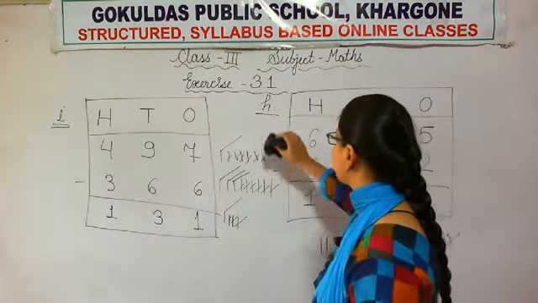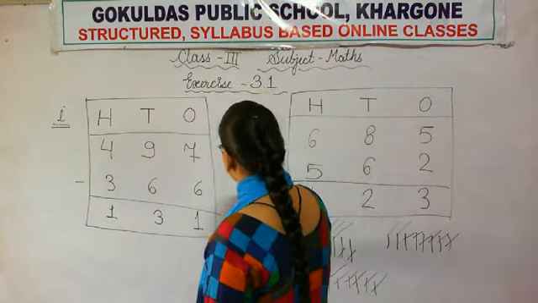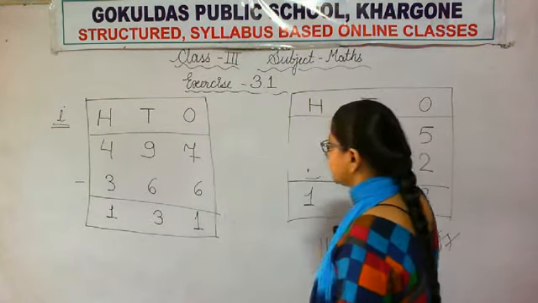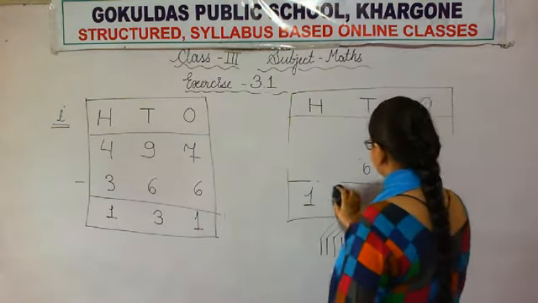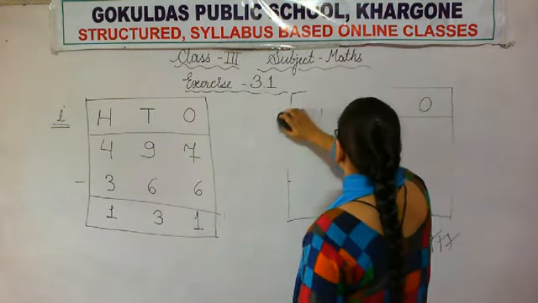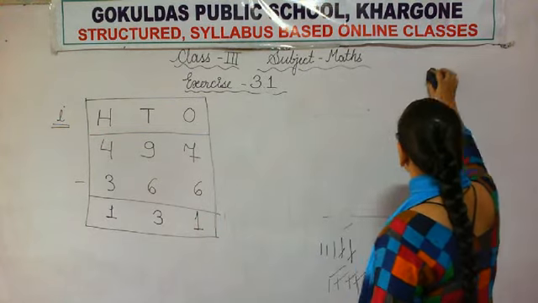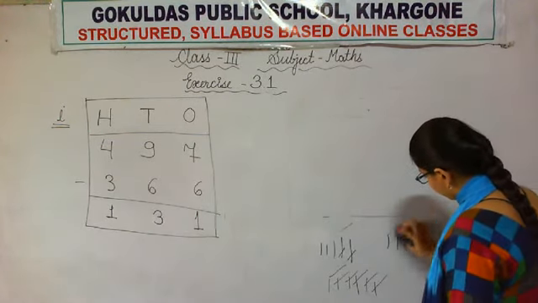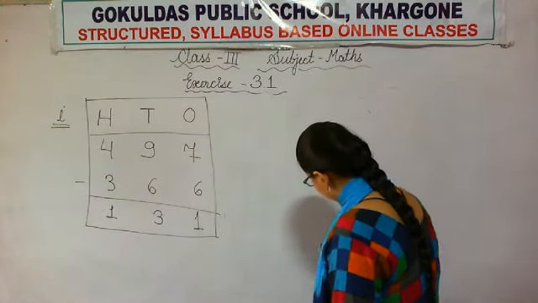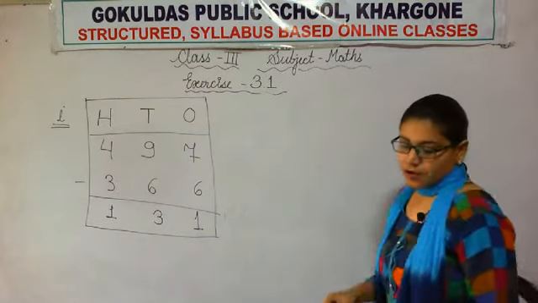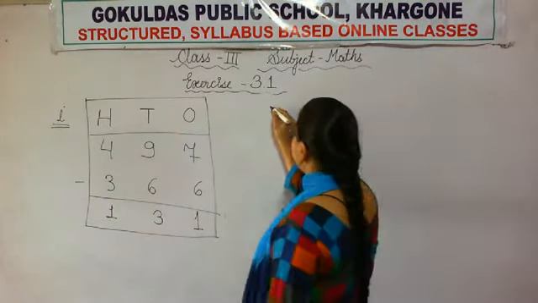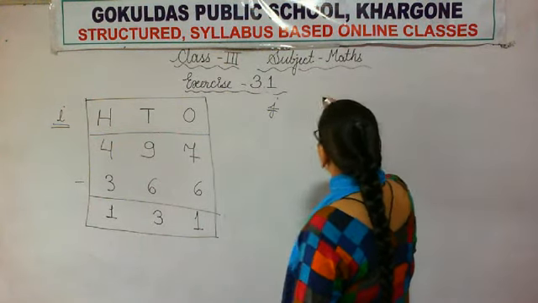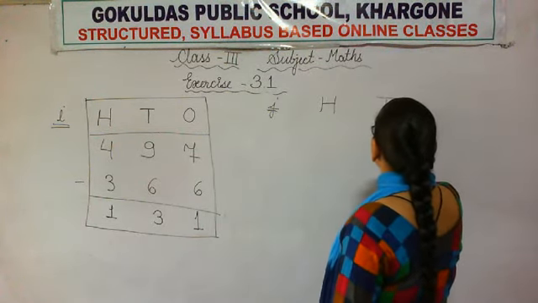Now the next part. Next part is J. Part J. First of all, again we'll write all the hundreds, tens and ones.